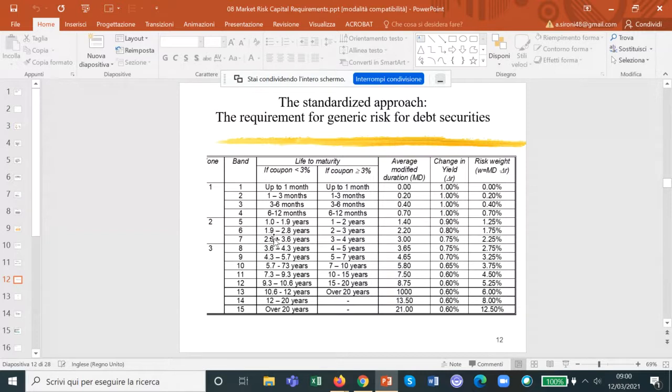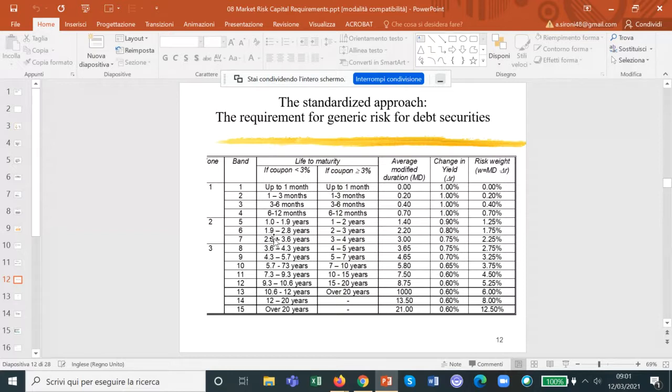So as you can see, 15 different time buckets, maturity buckets, and then there is a coefficient which is increasing over time, which is a kind of proxy for modified duration for each maturity bucket, and an assumed change in yield, which is basically a proxy for interest rate volatility.